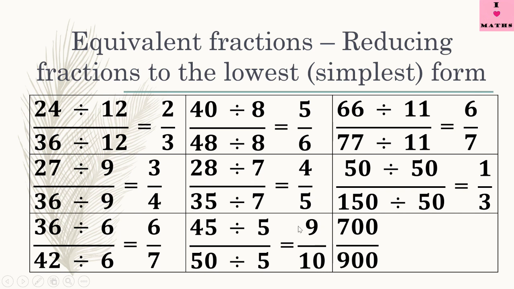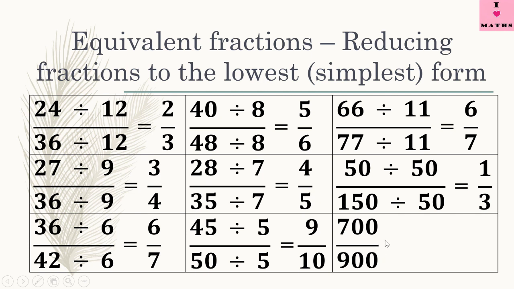So 9 upon 10 is the lowest form of 45 upon 50. 45 upon 50 is equal to 9 upon 10. And this is the fraction in the lowest form. Now 9 and 10, both these numbers together, come in only one table, and that is the table of 1. Okay, let us come to the last fraction, 700 upon 900.